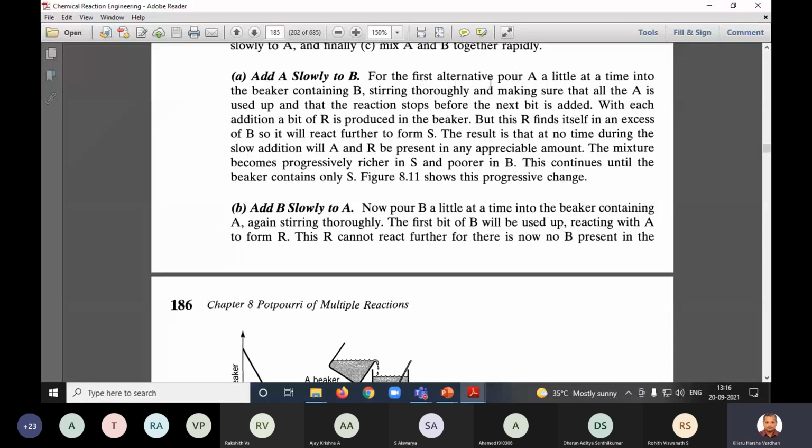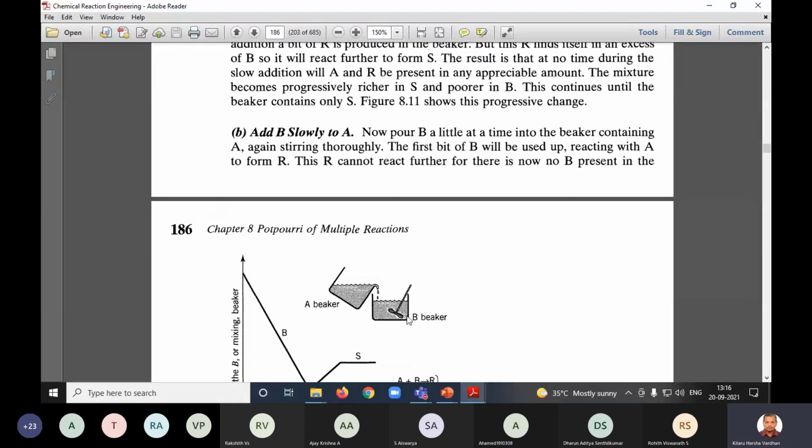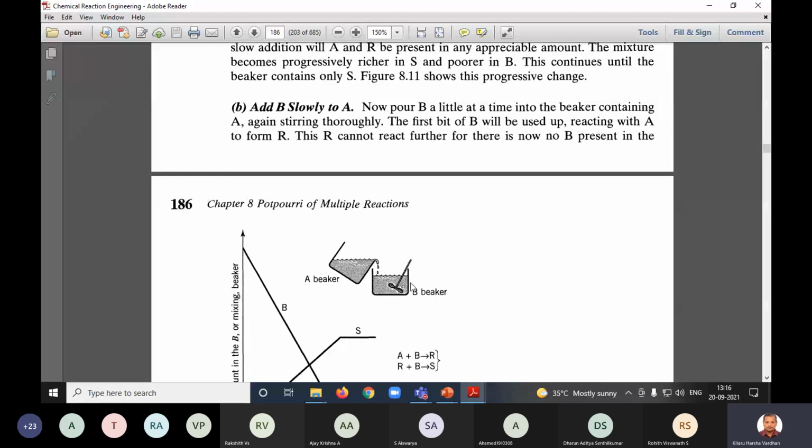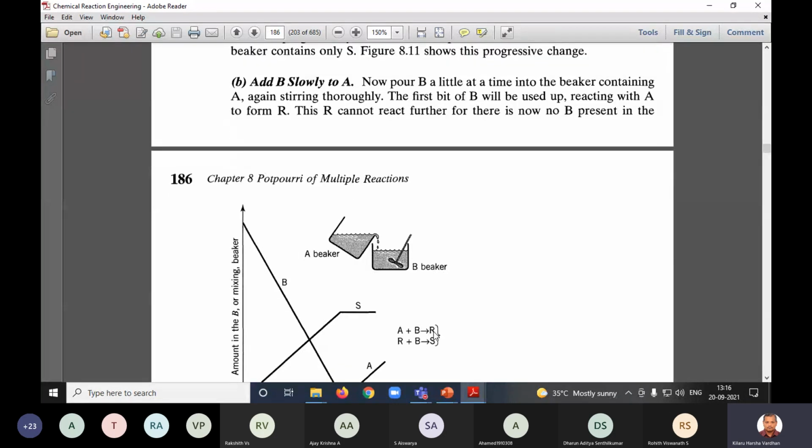For the first alternative, pour a little at a time into the beaker containing B. So continuously you are stirring it, right? The moment A is added, it is getting consumed. That means R is being formed. Since A is not there, R is formed. The formed product again reacts with B.